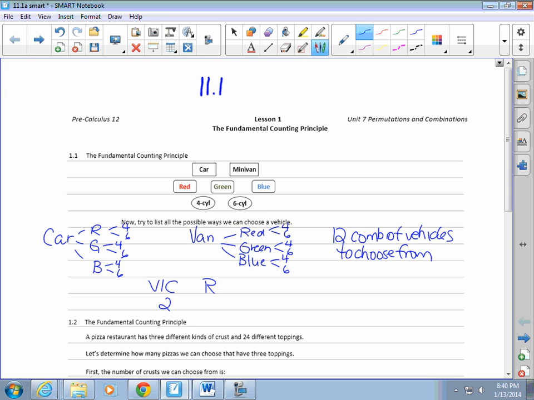So I had a red, a green, or a blue, which meant I had 3 options to choose from. And then the last thing was choosing if I wanted a 4 or 6-cylinder engine. So that gave me 2 choices. So if I multiplied 2 times 3 times 2, I'd find that I get 12. And that's what the fundamental counting principle is based on. It's taking a look at your options and then multiplying them together to see how many possible combinations you could come up with.